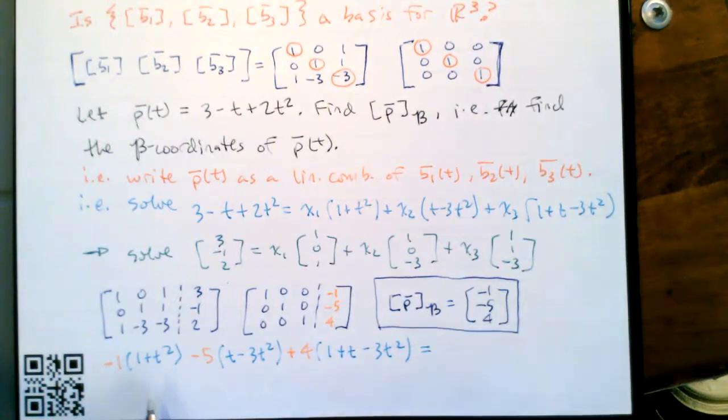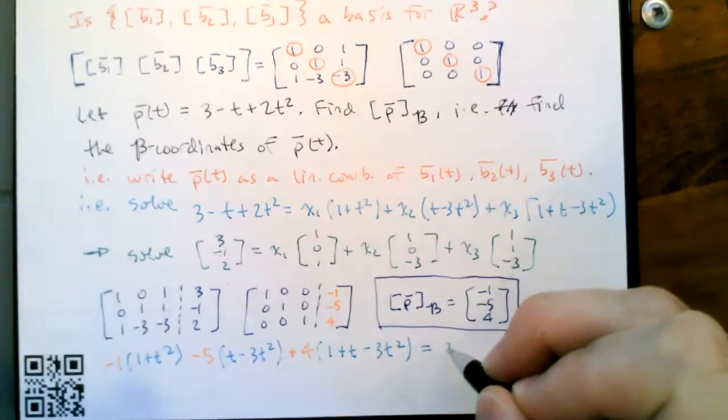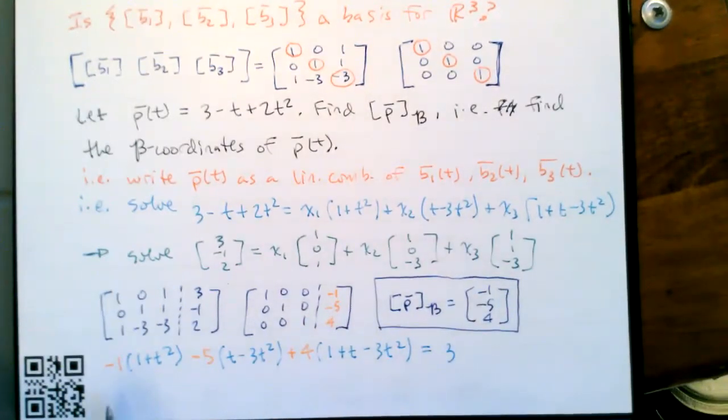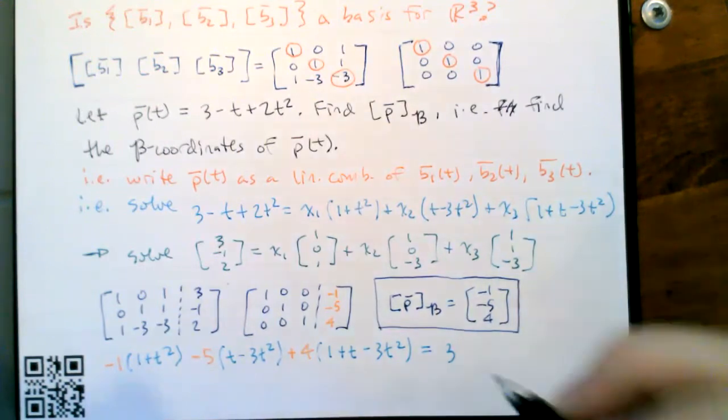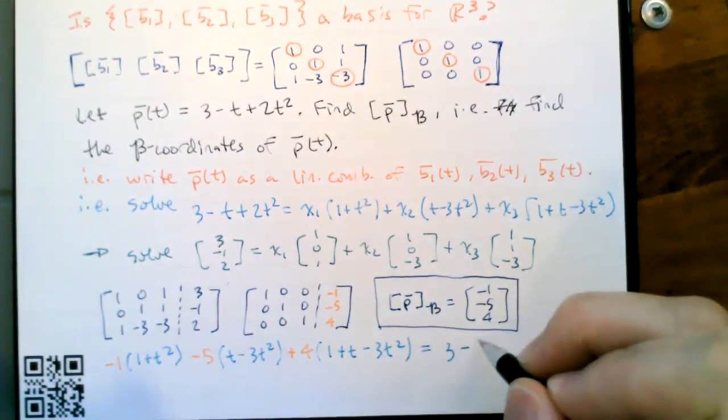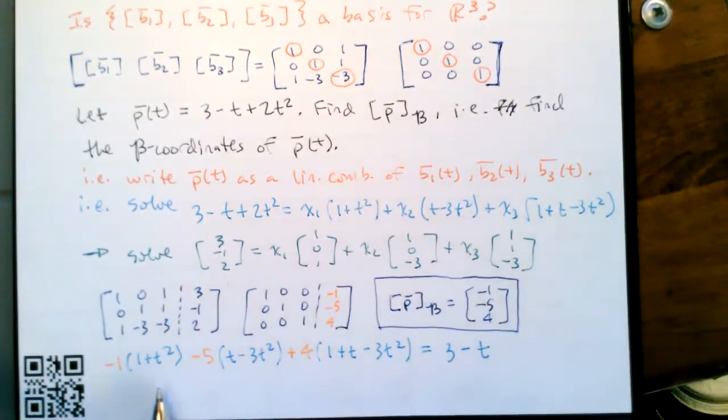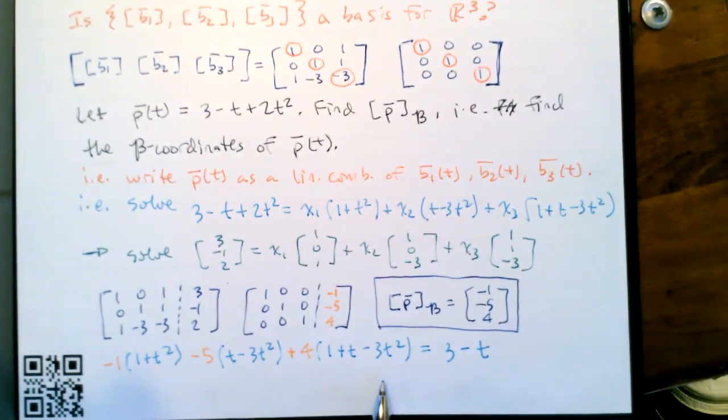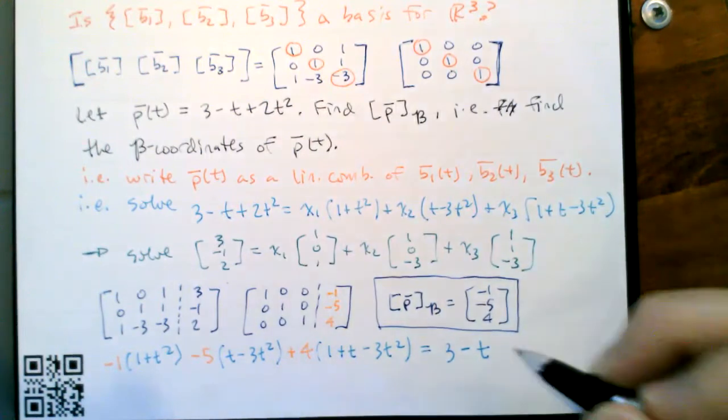So let's see, I got -1 plus 4 is 3. For the t's, I've got -5t plus 4t is -1t. I got -t squared plus 15t squared minus 12t squared is 2t squared.